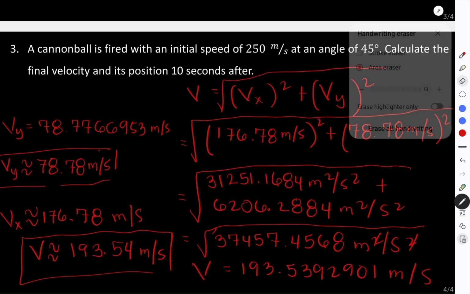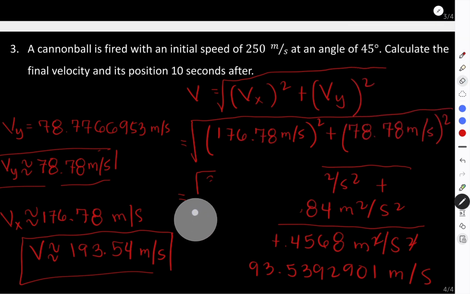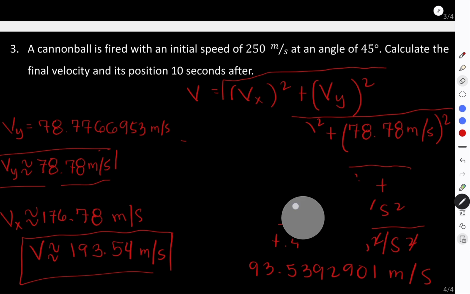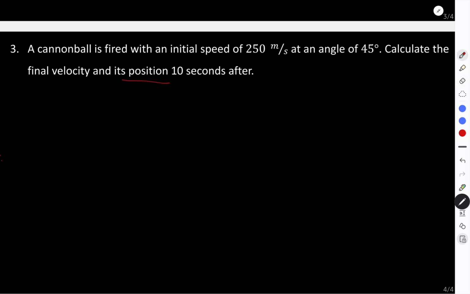Let's proceed by getting our position. Okay, so let's get the position, class. Proceed to compute our final position in the x component: initial velocity in the x component multiplied by the time, correct?